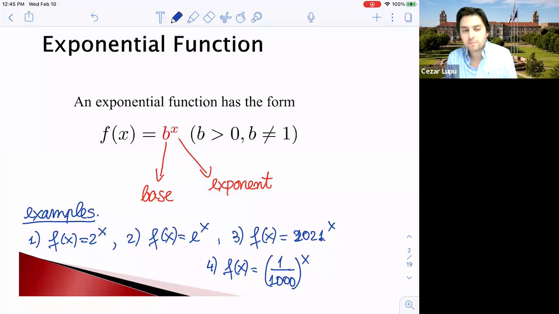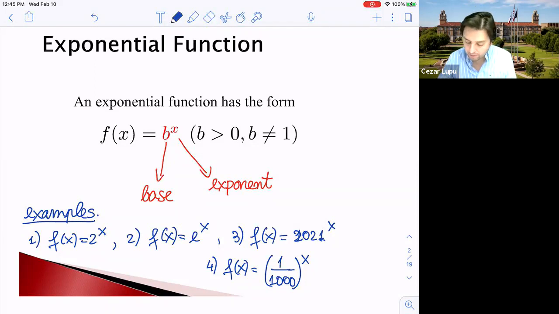Anyway, for x large enough, as x approaches infinity, and if b is between 0 and 1, it will be something like 0. But in any case, for x real, b to the power x will always be non-negative. So we can write it is positive.